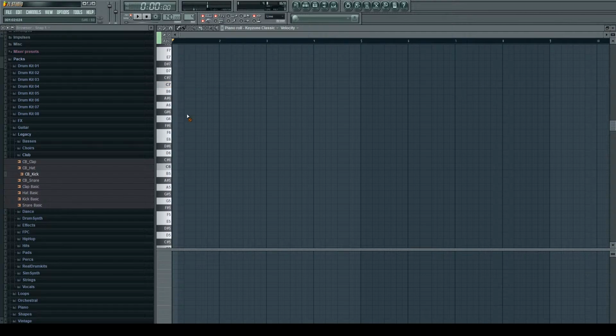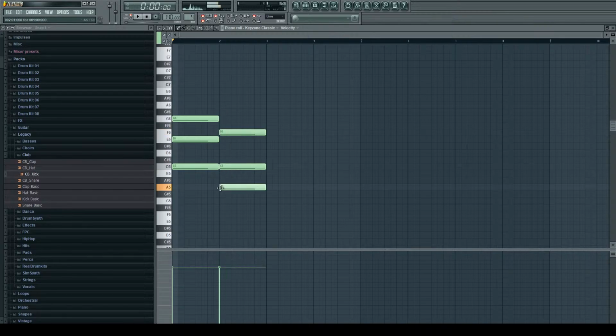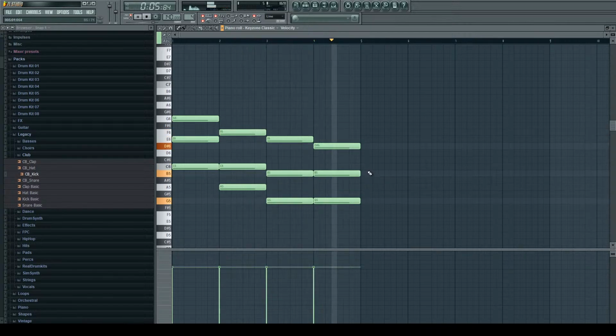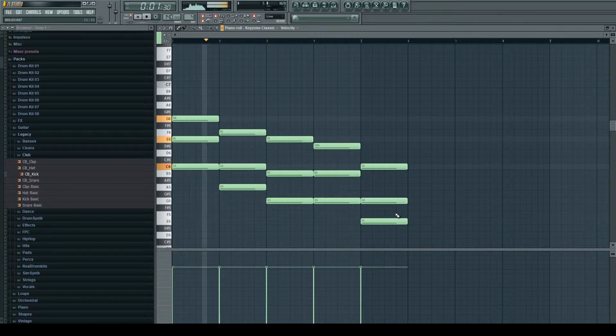So let's say I'm gonna add a C major 7, a C, I mean. Then an A, E minor. And then for the G, I'm gonna use an augmented chord. See that?